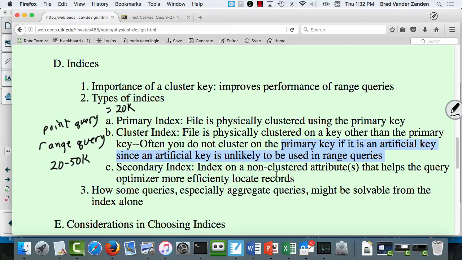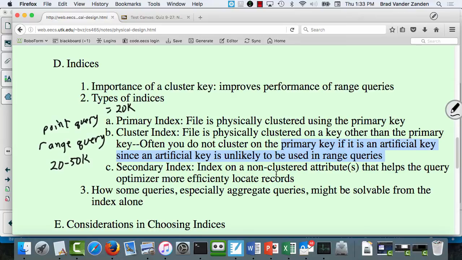Okay. Now, even if we've ordered it, say on salary, we're still going to want to do lookups on other attributes like name. We'll do a lot of point queries.